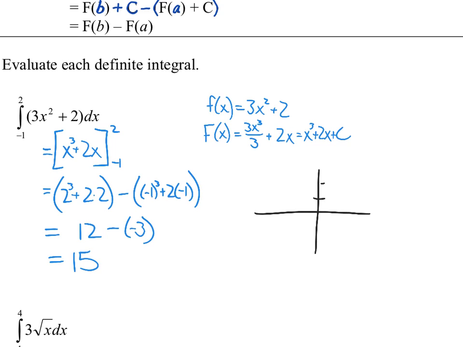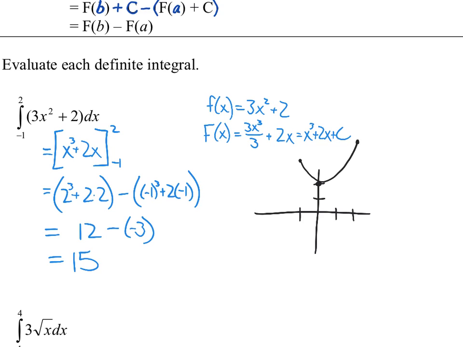It's hitting up here at 2. 3x squared. So over at positive 2, I would be at 3 times 4 is 12. That's 14. Okay. This picture ought to look familiar. At negative 1, I'm going to be at 5. Okay. So it looked like this.